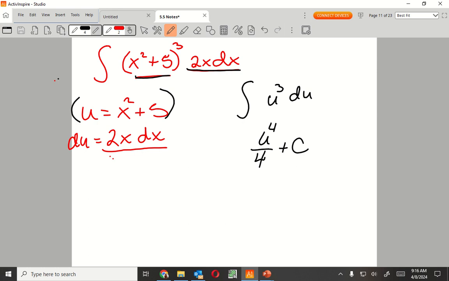Say no. No, that's my u, right? Do I know what u is? Yes, I do. We know what u is. So we could say that this is going to be x squared plus 5 to the fourth over 4 plus c.